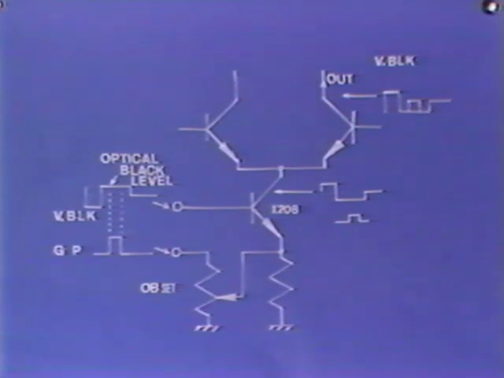The burning compensator works to equalize the optical and the video black levels before the black level detector. So the burning compensation potentiometer should be adjusted to make both levels equal with the incident light shut out.